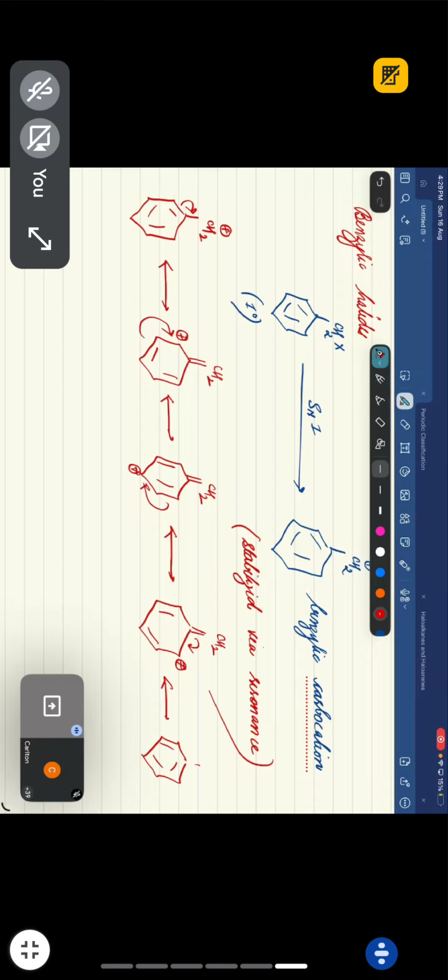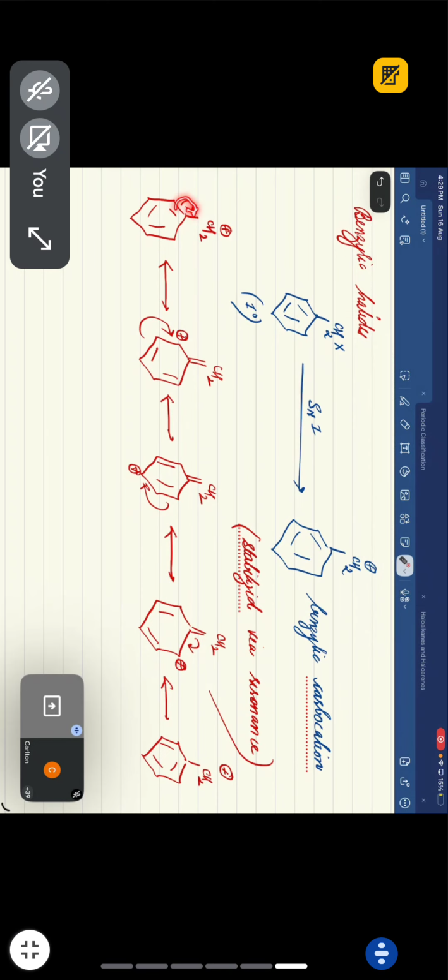So why are benzylic and allylic carbocations extremely stable? Because they are stabilized via resonance, and you will therefore know that they would rather undergo SN1 mechanism. Any doubt? Electrons are moving. CH2 is electron deficient. So who will pull the electron?